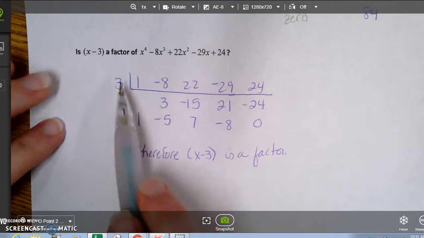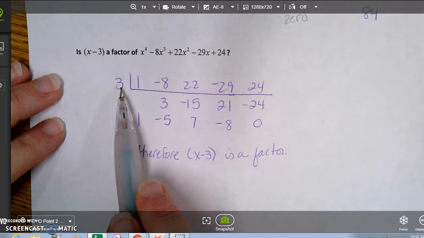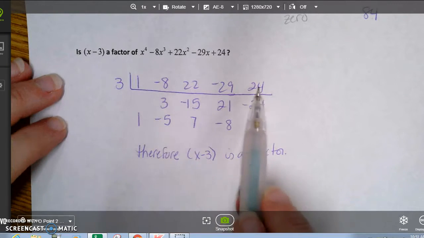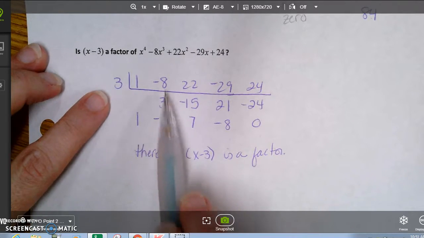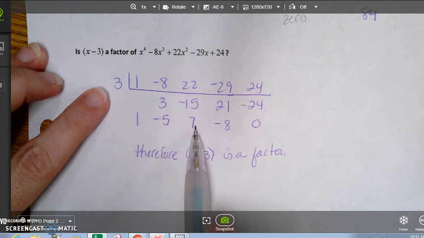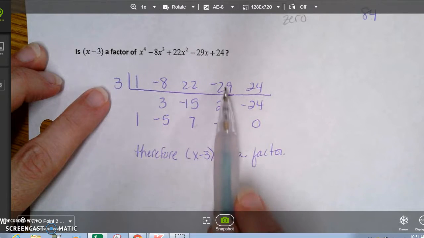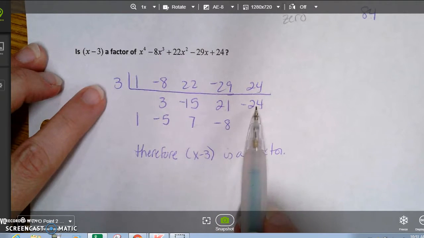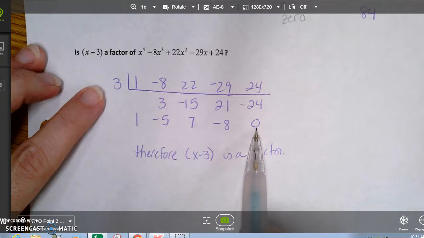So one more. Substitute in 3, and I put this in there. Bring down the 1, negative 5, multiply. Add these two, multiply. Add these two, multiply. Add these two, and I get 0.